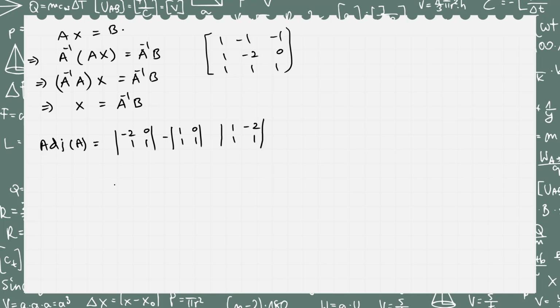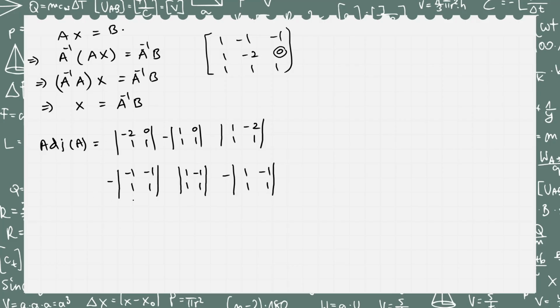And let's go to the second row. The minor of second row first column entry, this guy, will be the minor having minus sign, which is minus 1 minus 1 1 1. And the minor of this entry will be having a plus sign, and the entries inside this will be 1 minus 1 1 1. And the minor of this entry will be having a minus sign, and the minor will be 1 minus 1 1 1.